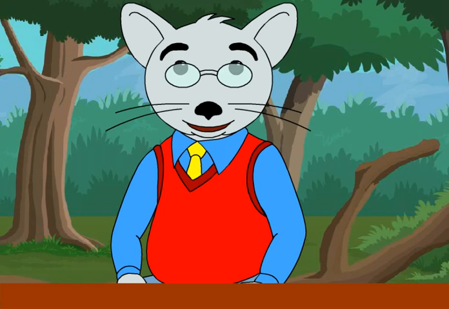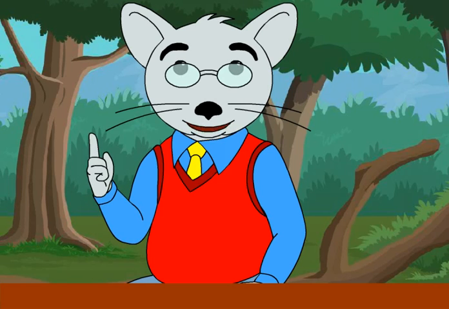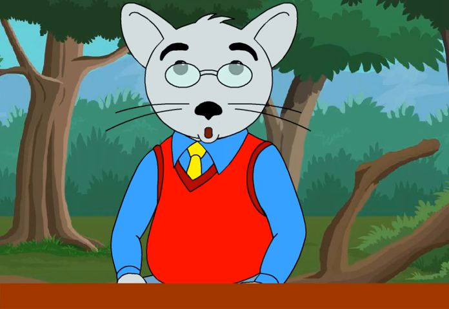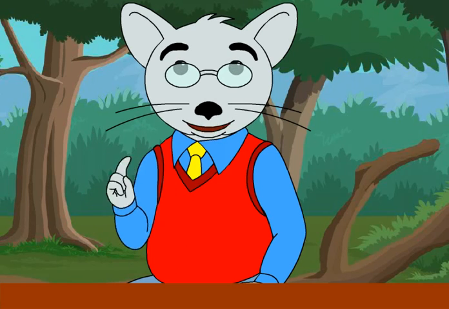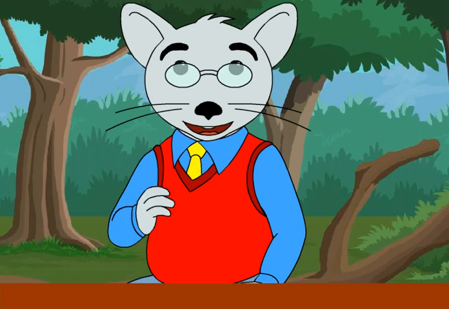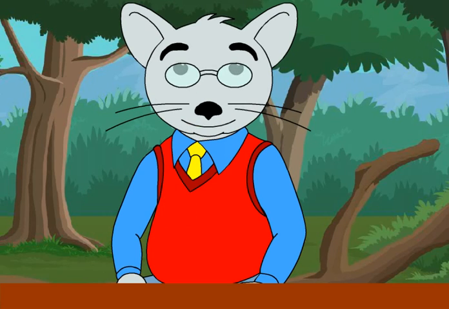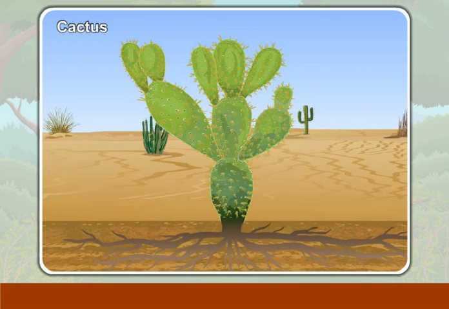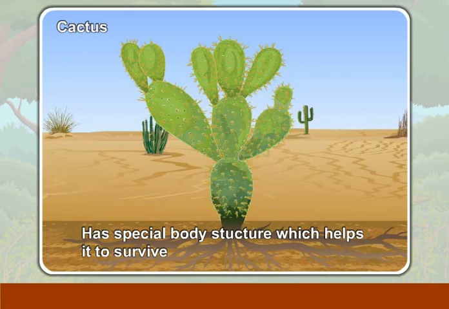Due to this, there is very less water in the desert soil. Have you ever wondered how the cactus survives in the desert? The cactus plant has special body structure which helps it to survive in less water.